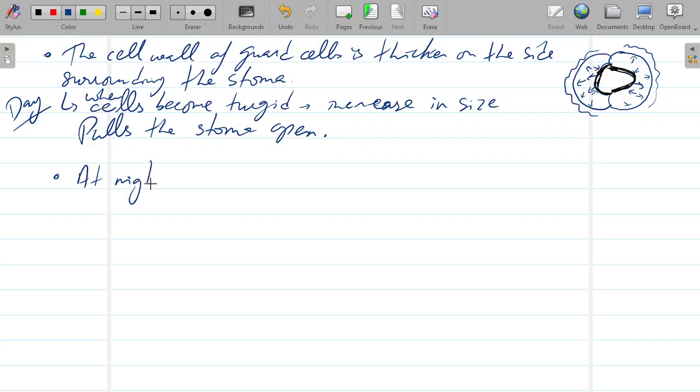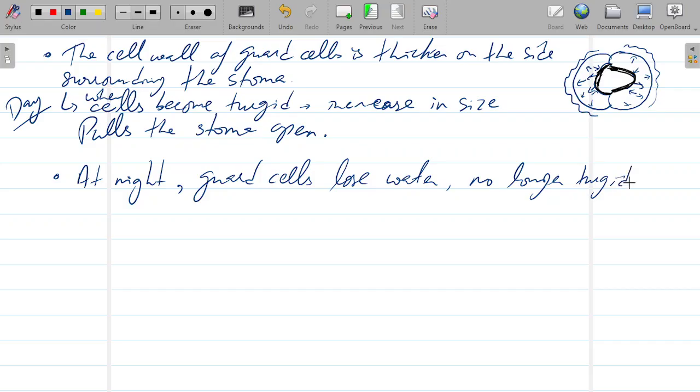At night, the guard cells lose water, right, and they're no longer turgid, so they're not in an expanded state, and so the stoma closes. Does that make sense? Yeah. Okay.